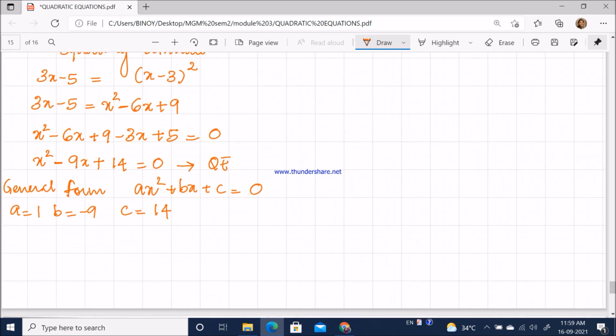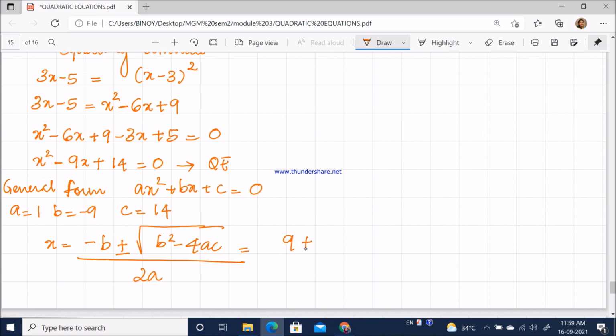So here we are going to solve by using the formula method. The formula: x is equal to minus b plus or minus root of b square minus 4ac by 2a. So that is 9 plus or minus root of 81 minus 4 into 1 into 14 by 2.